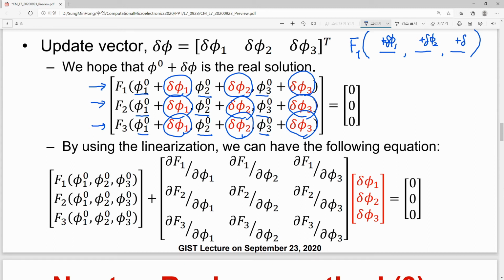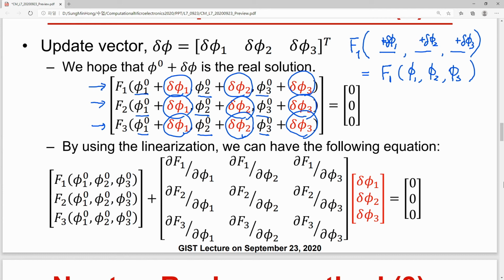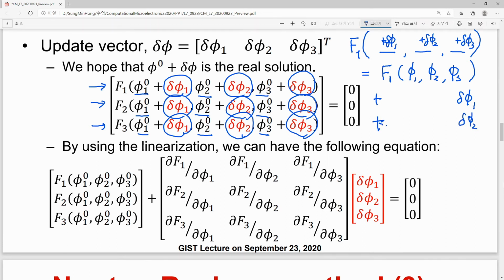Also, when you introduce delta phi 3, that can also introduce changes in the evaluated value of F1. But the point is, since we have introduced the linearization step, we can safely say F1 is the value corresponding to all 0 delta phi's, plus the delta phi 1 linear term, and delta phi 2 linear term, and delta phi 3 linear term.